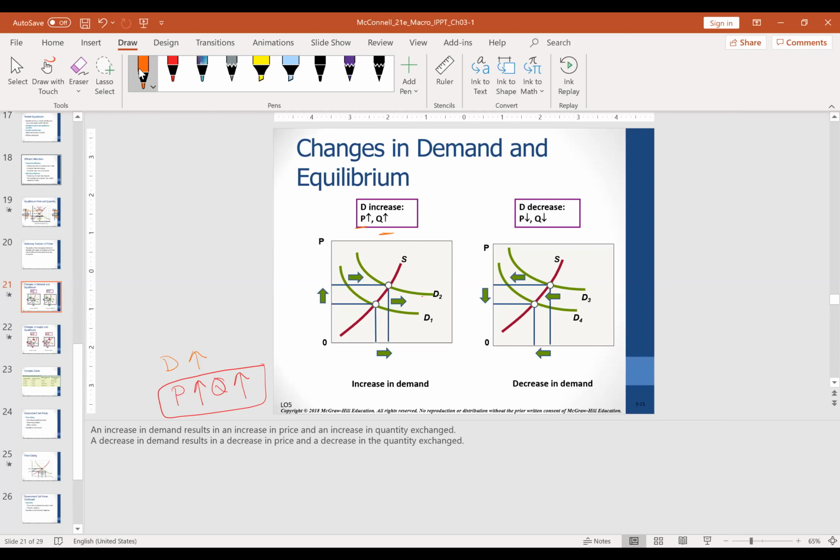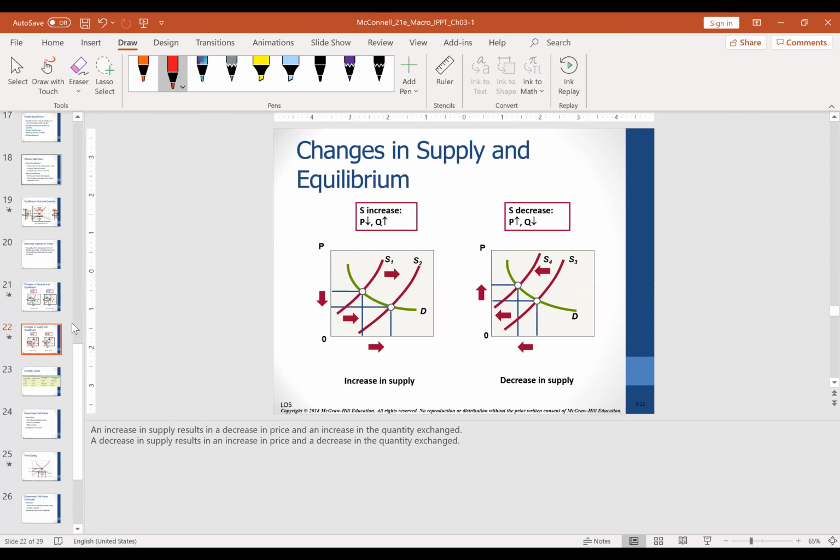When demand decreases, price and quantity decrease. Demand, price, and quantity are moving in the same direction all the time.